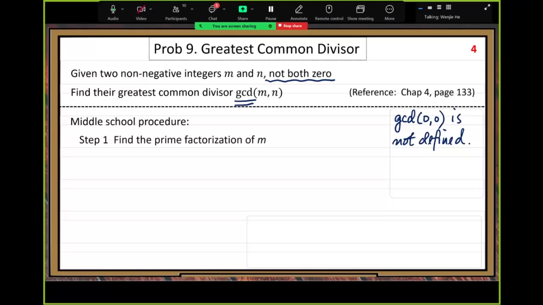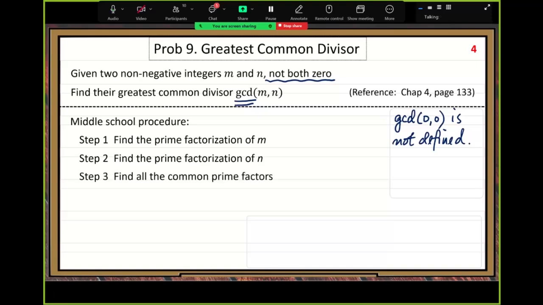Step 1, we find the prime factorization of m. Step 2, find the prime factorization of n. Then step 3, find all the common prime factors.